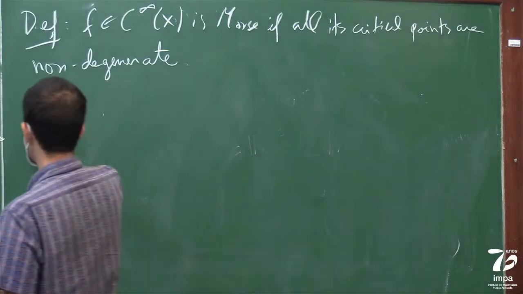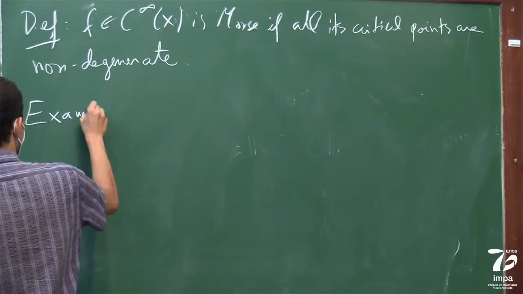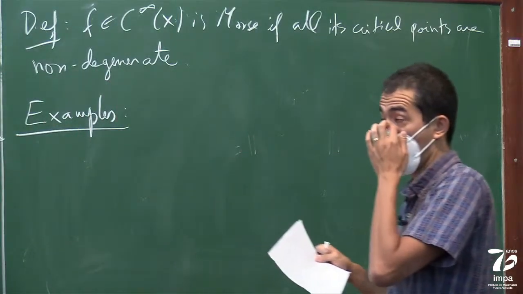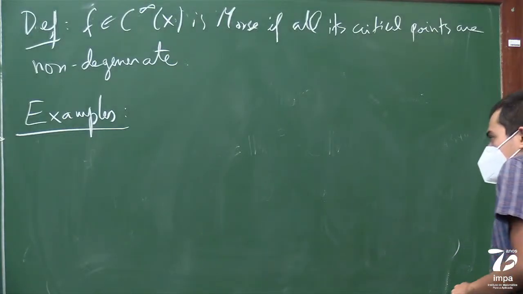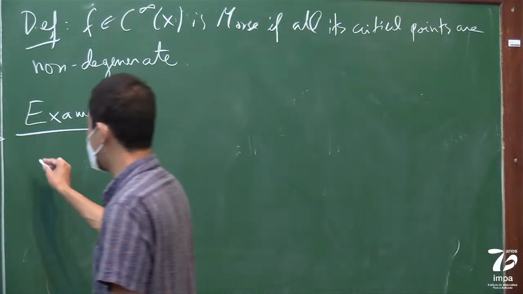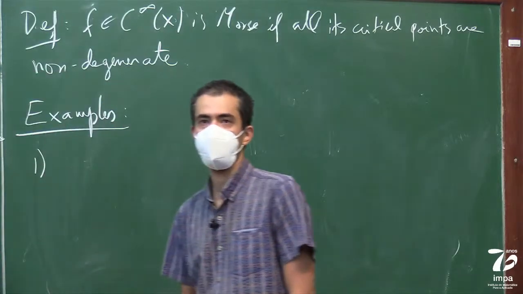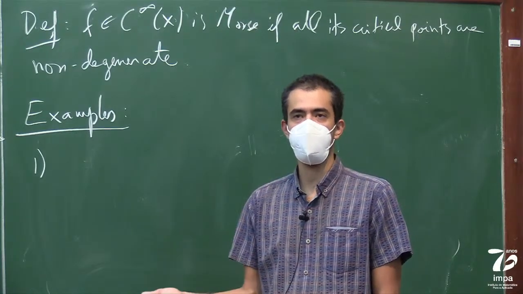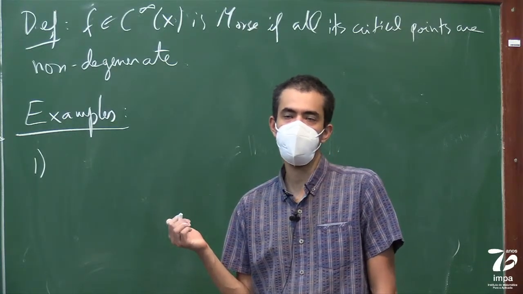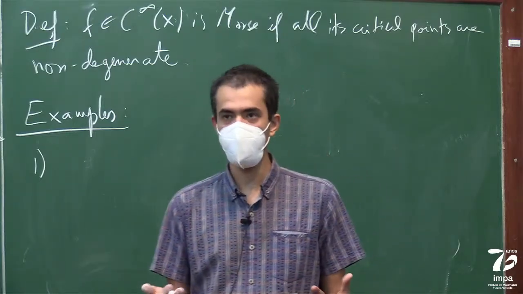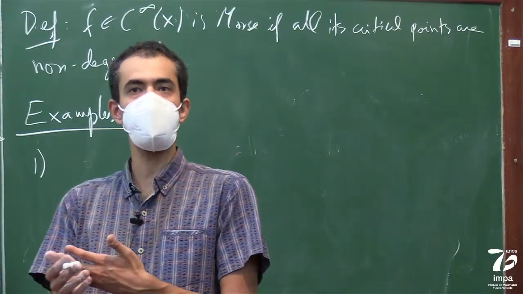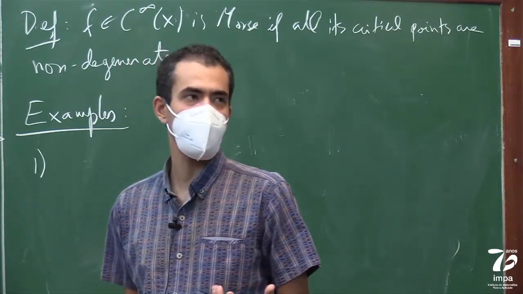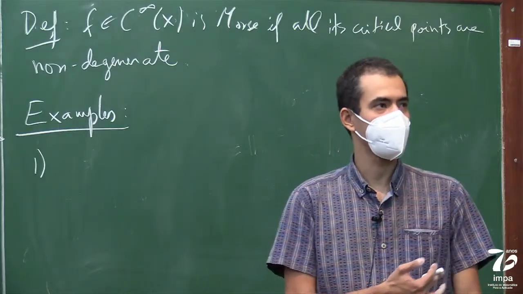Okay, so let's give some examples of Morse functions. One way that's very interesting to find Morse functions is if you think of surfaces embedded into R3, and then you can look at the height function. Usually, if you embed a manifold into a Euclidean space, you can project it to one of the R's, and that is often a Morse function.